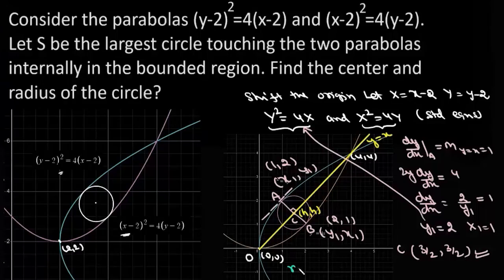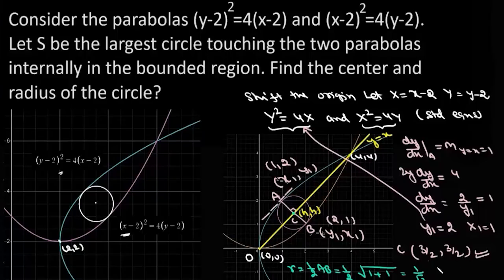The radius is half of the diameter, 1/2 AB, and AB is the square root of (2 - 1)^2 + (1 - 2)^2, which is root 2, so the radius is simply 1/root 2.